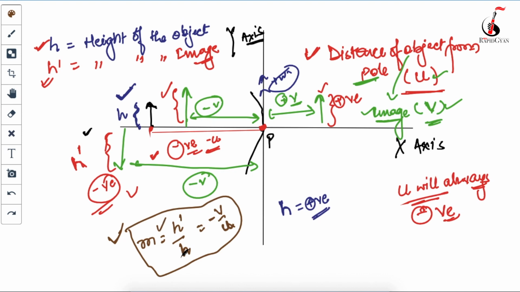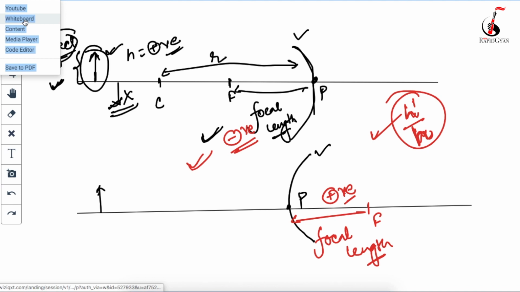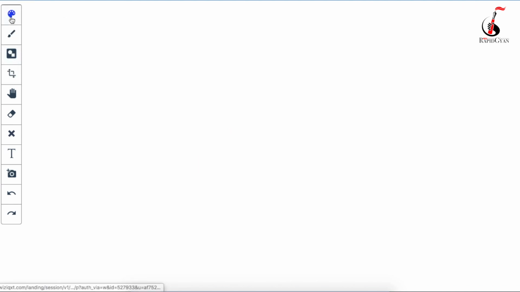Now I will tell you why h dash upon h. h dash is also the height of the image. There is a very interesting theory which I am going to tell you. It's very important and helpful for you to write mainly 1 mark questions. Magnification is equal to h dash upon h.